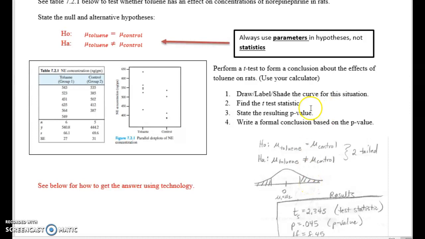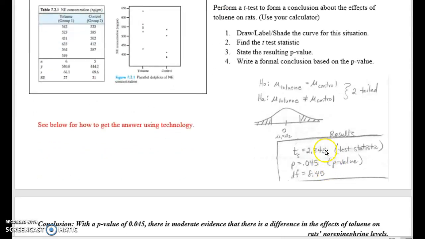So we find the test statistic using either your calculator or R, and I will show that next. We state the p-value, and then we write a formal conclusion based on that p-value. So without getting into the details of how we got it, the test statistic came out to 2.345. That is hard to know on the t-distribution scale, so it's a little less meaningful than the p-value itself.